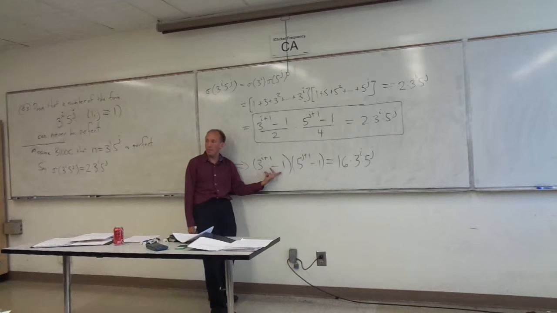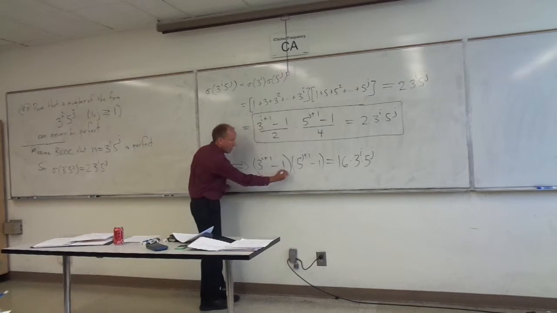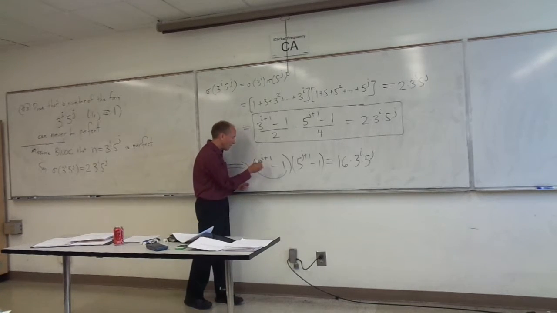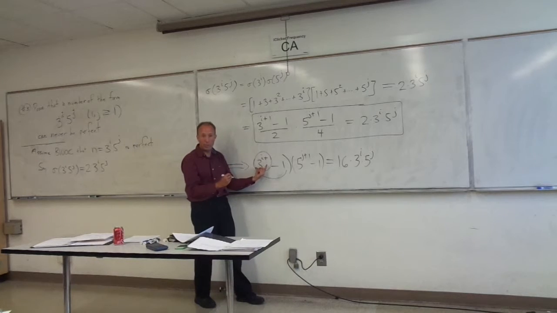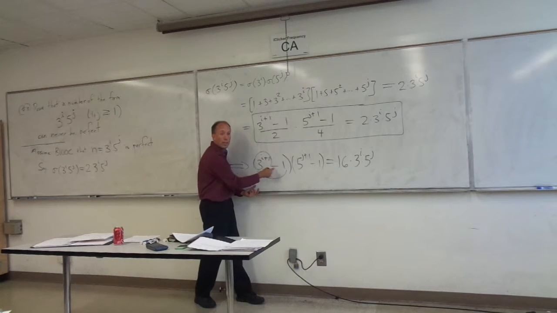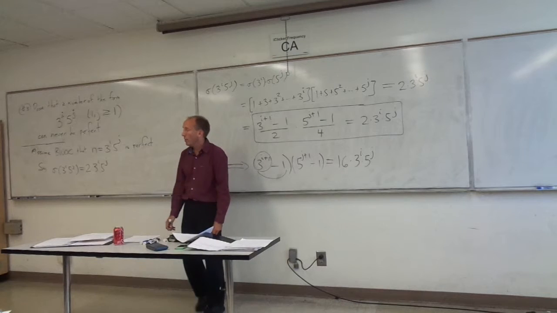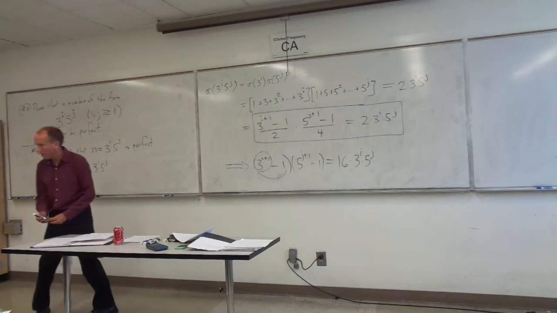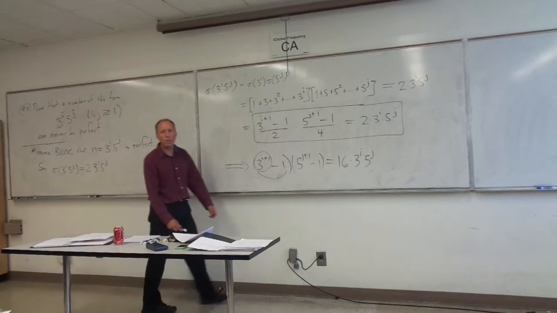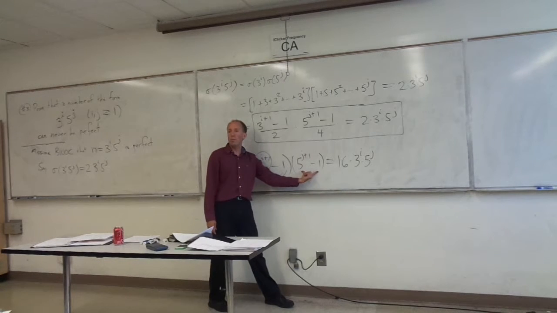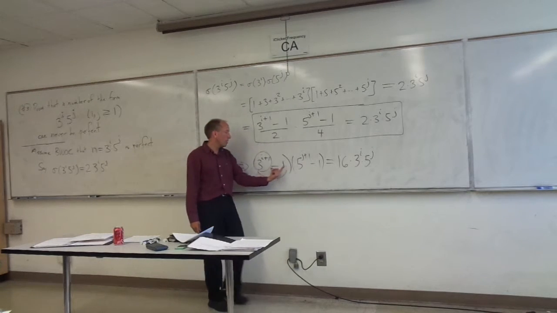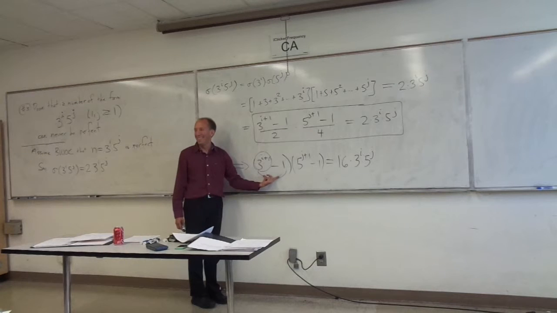Right? Because if this was divisible by 3, then if you subtract it from this, which is also divisible by 3, you'd have 2 consecutive numbers that were divisible by 3. That doesn't make sense. So basically, what you've proved is that 3 has to divide this one. And by the same reasoning, 5 has to divide this one.